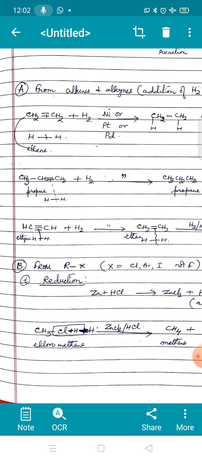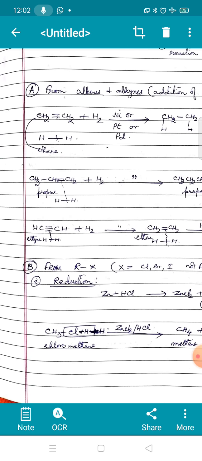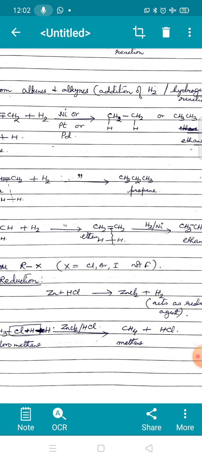Now let us see from haloalkane. There are two methods under haloalkane. One is called reduction and the other is called Wurtz reaction. In reduction, zinc and HCl are treated, where zinc forms zinc chloride and liberates hydrogen gas. As you know, zinc appears above hydrogen in the activity series, so it has the ability to replace hydrogen from its acid.